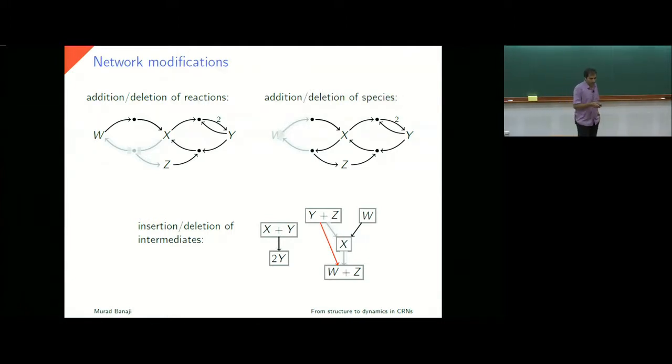So when you modify a network by taking away species, that's a valid modification at a theoretical level, but it's a bit harder to interpret at a practical level. Another kind of modification that you might do to a network is you might, say, remove some intermediate process. So y plus z goes to x, goes to w plus z. I'm going to get rid of the goes to x part and just have y plus z goes to w plus z.